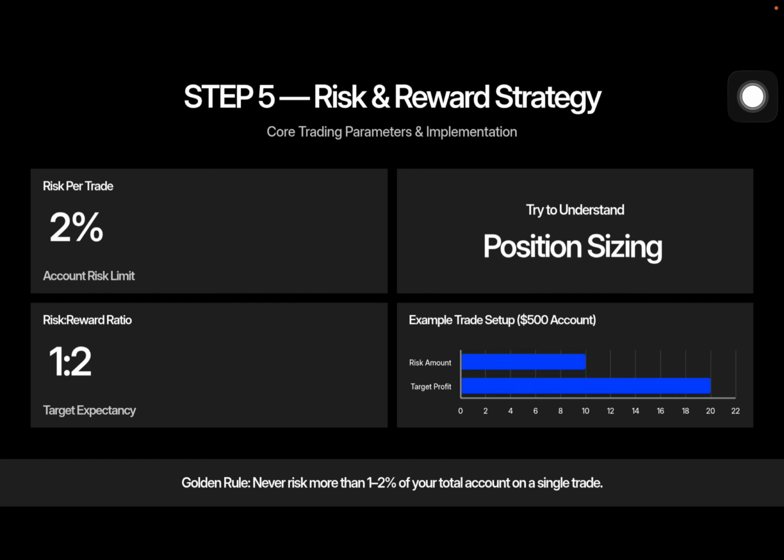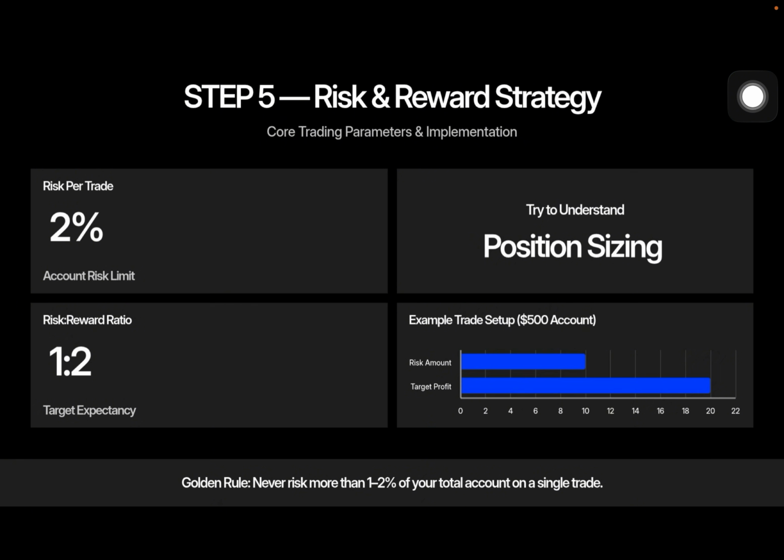And then lastly, it will be the risk and reward strategy. About this one, I already made a video on my YouTube channel. So if you haven't watched that video, I suggest you go and watch. I will be putting the link in the description and in the video as well.